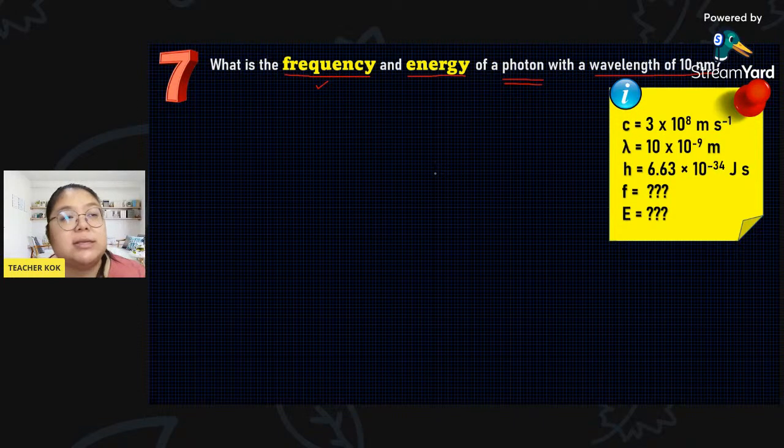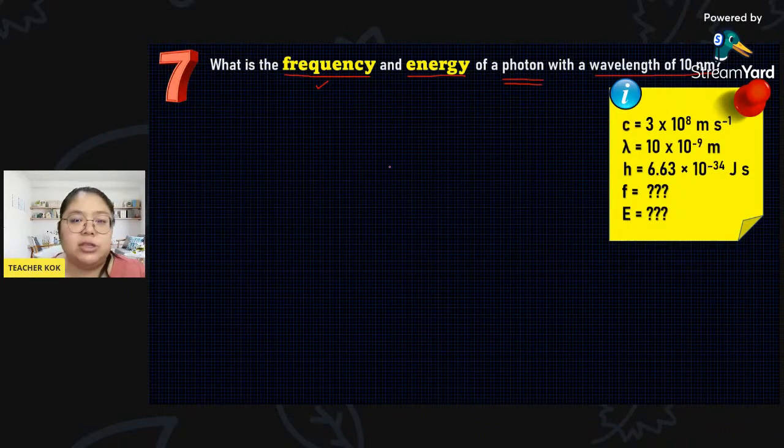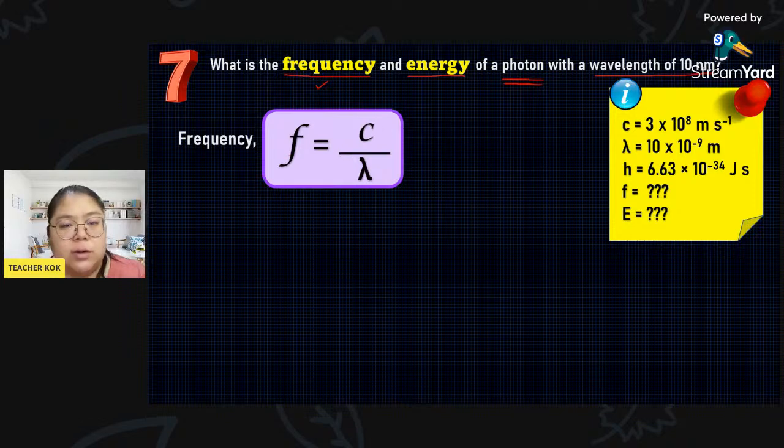The v now is c, the speed of light for a photon. So frequency f equals c over lambda. Since v equals f lambda, c equals f lambda, and to find f, c must be over lambda.